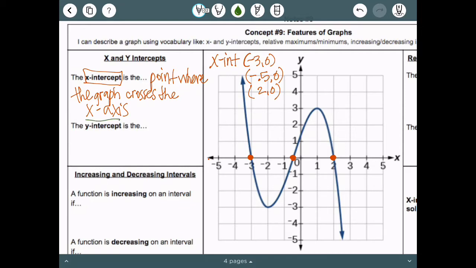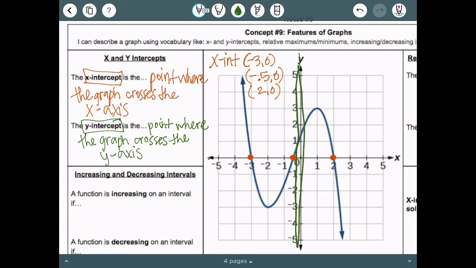My y-intercept then is the point where the graph crosses the y-axis. So my y-axis is up and down here. That's a terrible line. But I want to look for where the graph crosses it, and that would be right here.